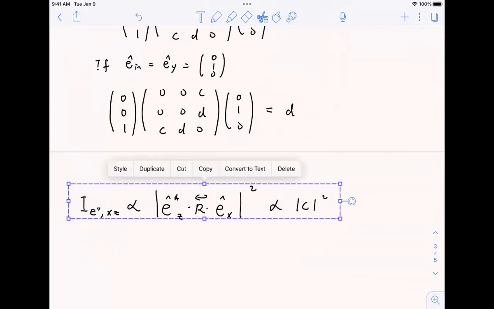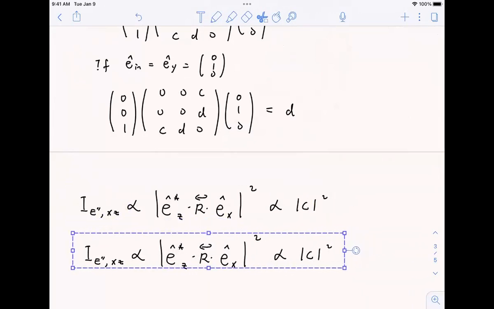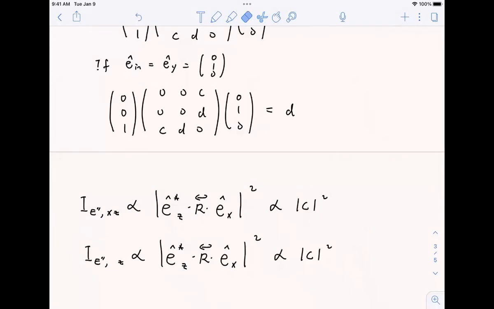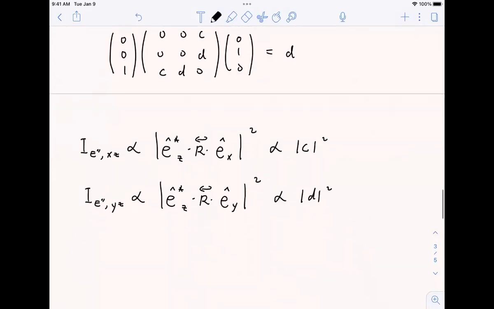Similarly, this is YZ, and this will be D squared.